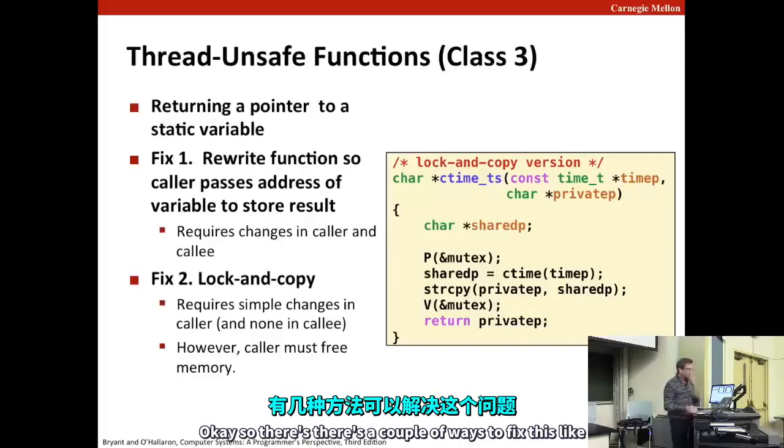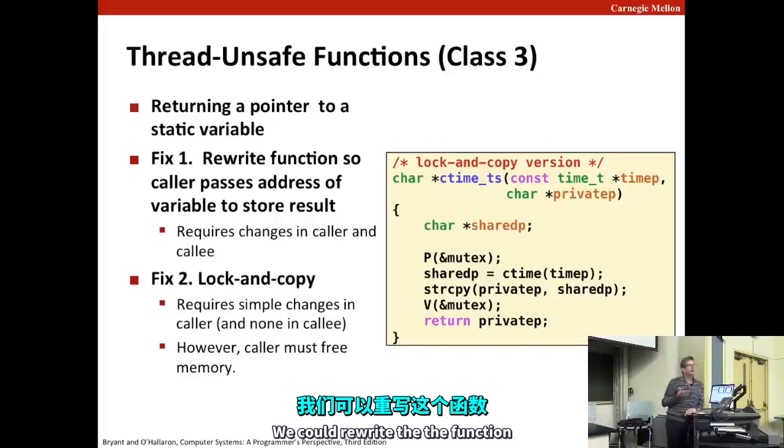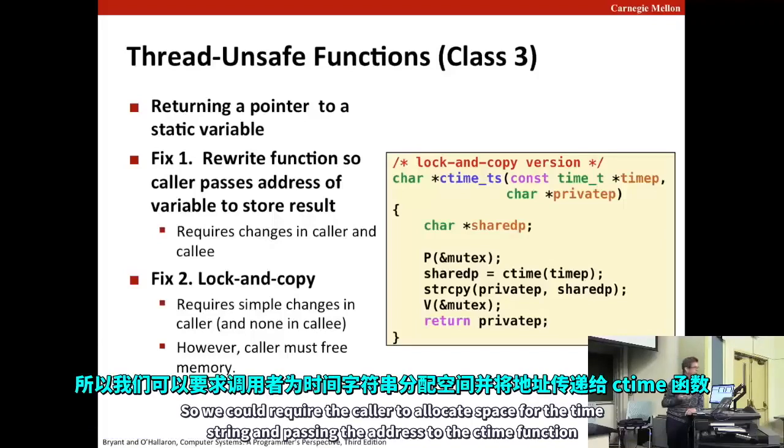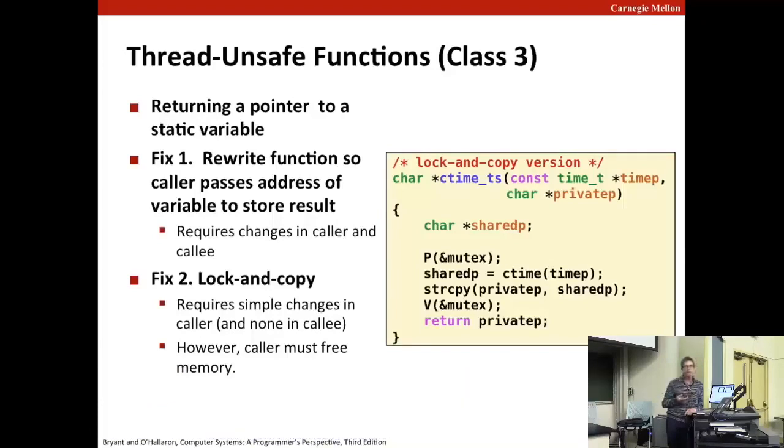Okay, so there's a couple of ways to fix this. We could rewrite the ctime function to add another argument that passes in the location, the address of the time string. So we could require the caller to allocate space for the time string and pass in the address to the ctime function.